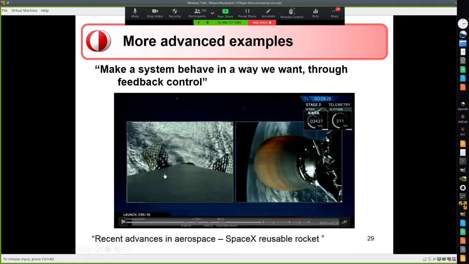This is a Falcon 9 rocket. So what's happening is that you launch, the rocket goes into space. The lower part, the thruster part, is separating from the upper part, which goes into space. And that large section actually still has fuel in it, and it just falls back to the Earth for a while.